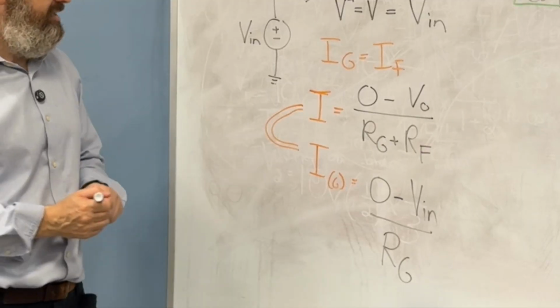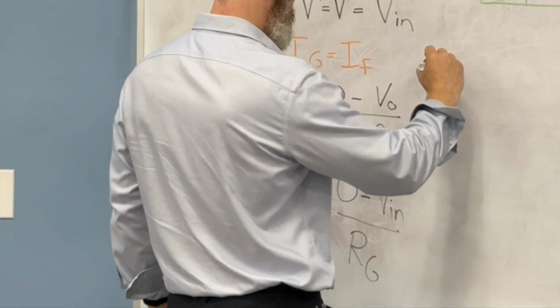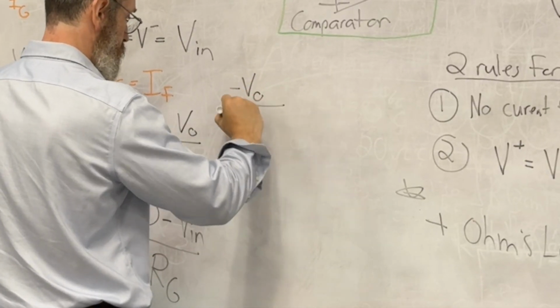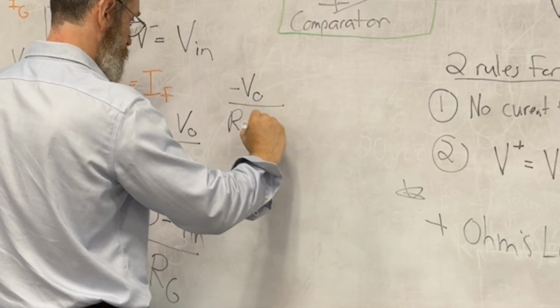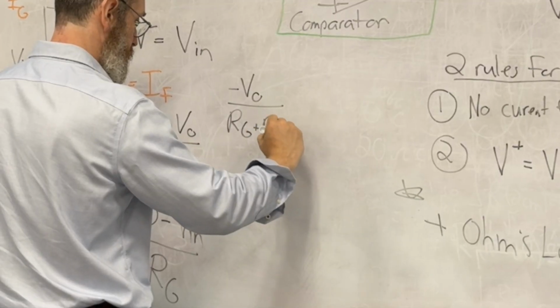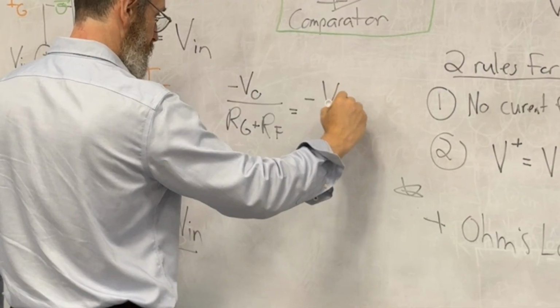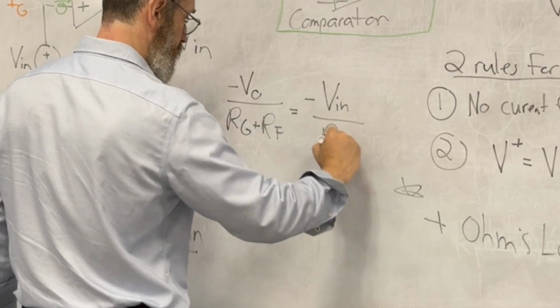And so we will get minus V out over R sub G plus R sub F is equal to minus V in over R sub G.